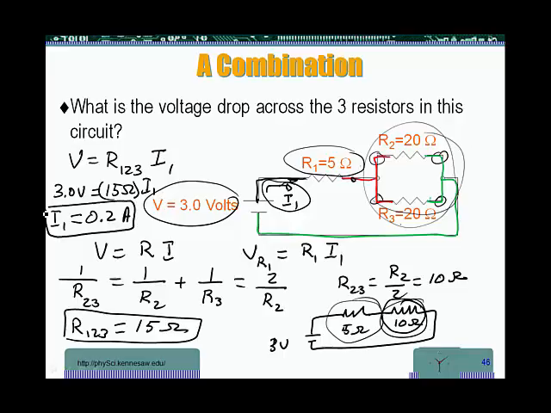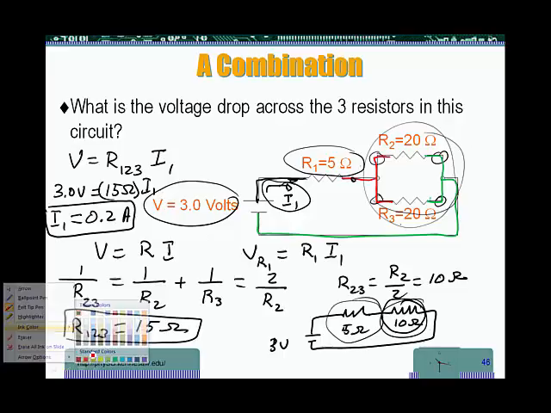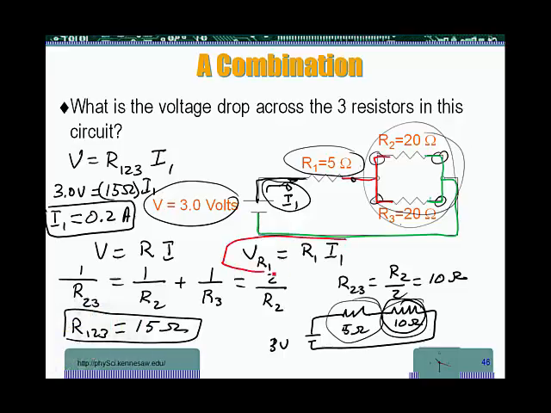Okay. Now that we found that, we can easily find the voltage across R1 that we wrote. Let me change colors here so we can write more on this side. So that's going to be 5 ohms times 0.2 amps, which gives us 1 volt.